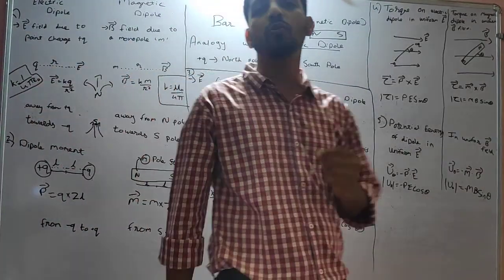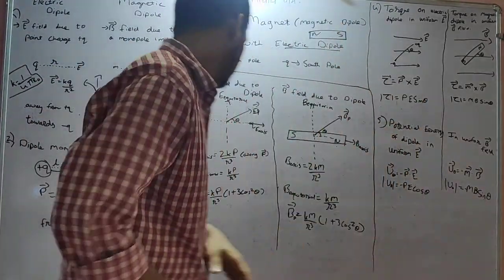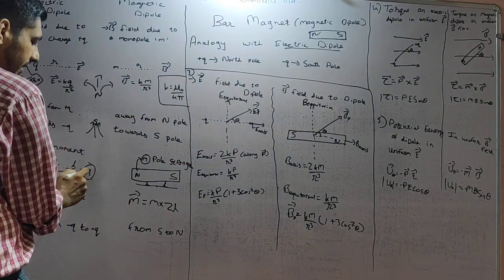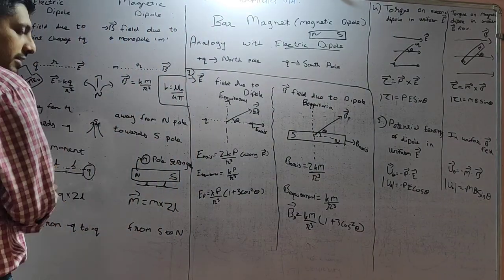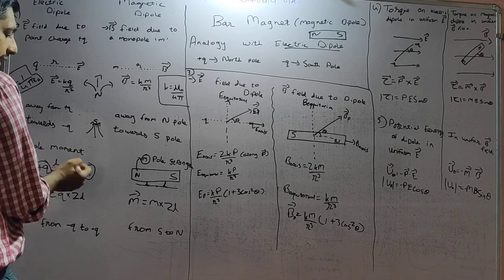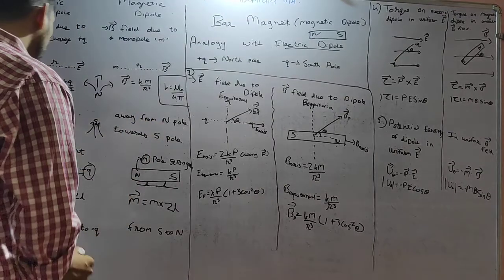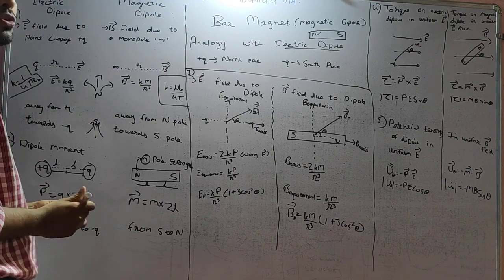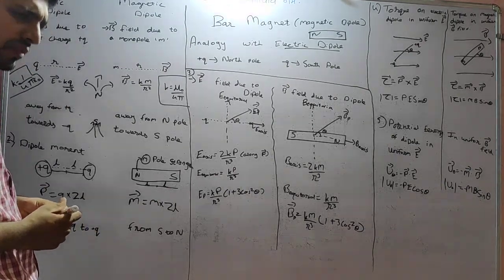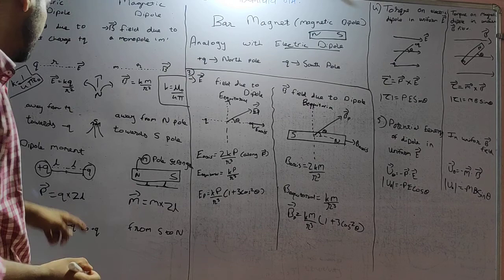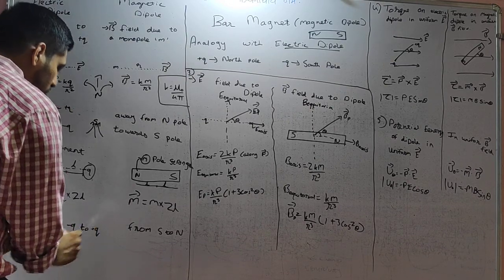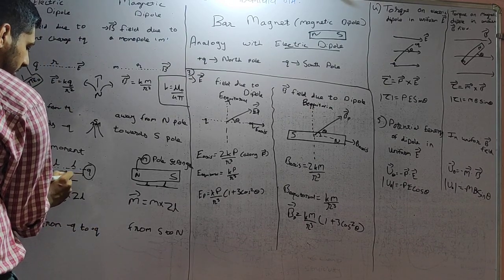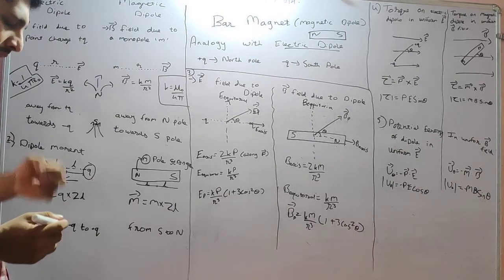Q is the charge and 2L is the distance between the charges. Suppose I have a positive and negative charge separated by a distance 2L, L and L, with the center in between. The electric dipole moment is P equals Q into 2L, and its direction is from negative Q to positive Q.